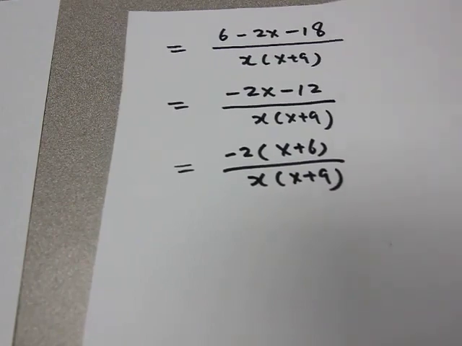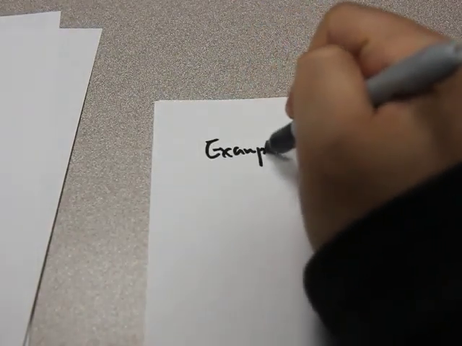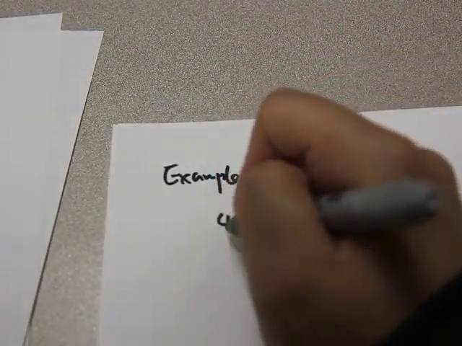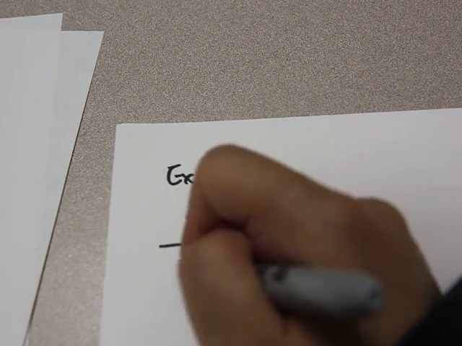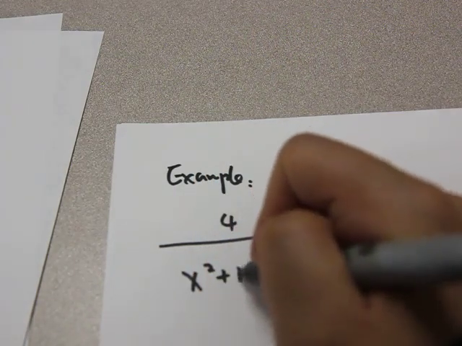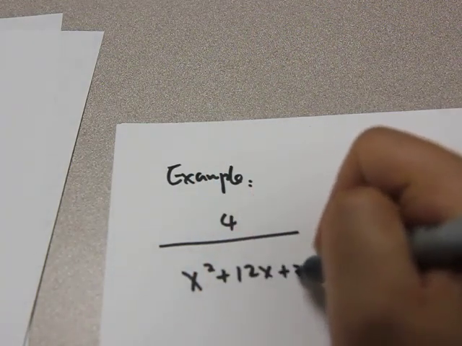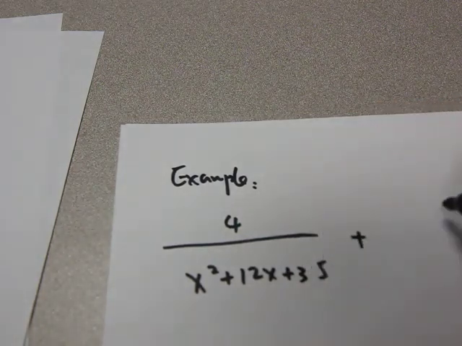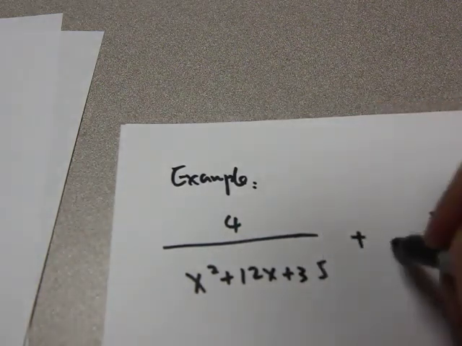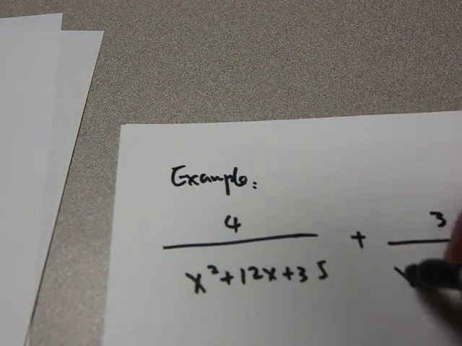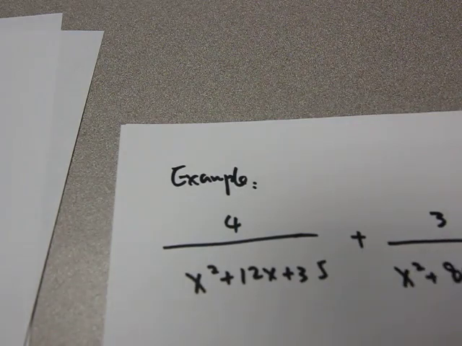Okay, now let's see another example. So over here we have 4 over x squared plus 12x plus 35, plus 3 over x squared plus 8x plus 15.